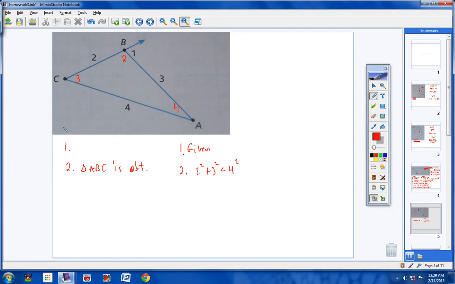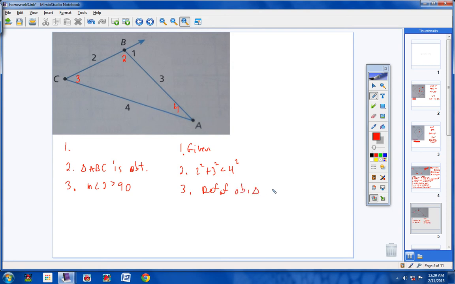Now, moving on, I can state that the measure of angle 2 is greater than 90. In other words, I can state this obtuse. How do I know that? Well, come on, guys. I already stated the triangle's obtuse, so I know I have an obtuse angle. I guess you could say definition of obtuse triangle if you wanted to.